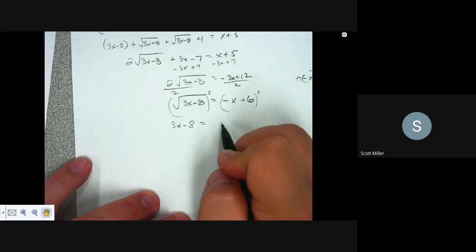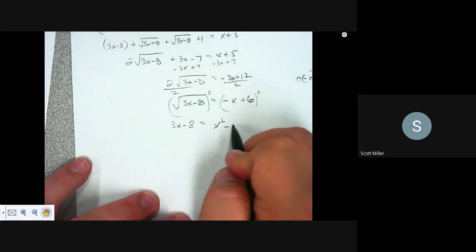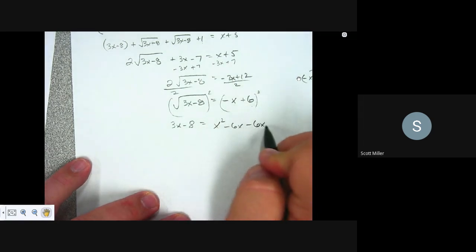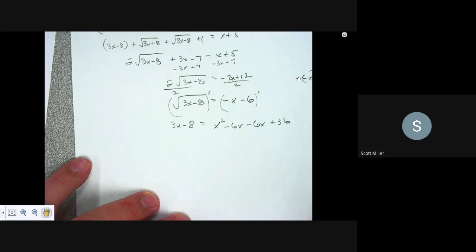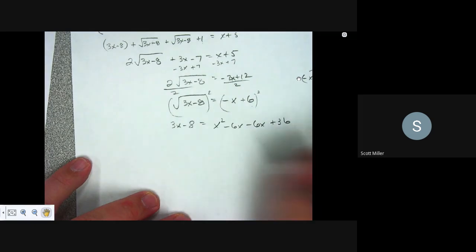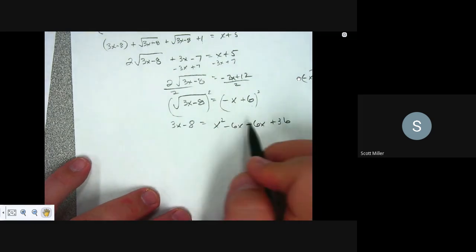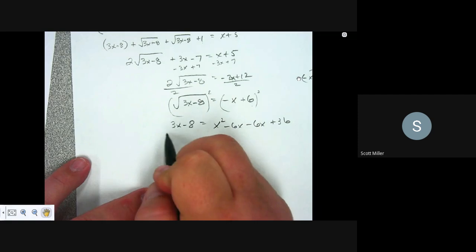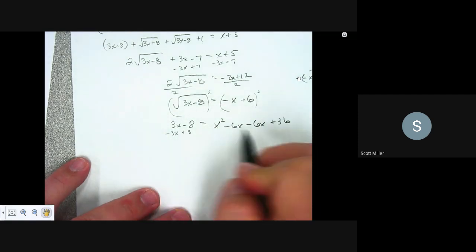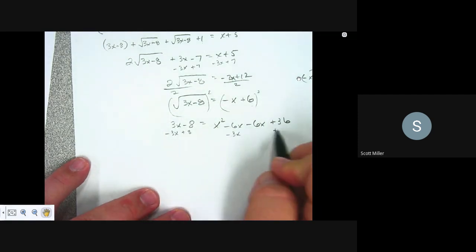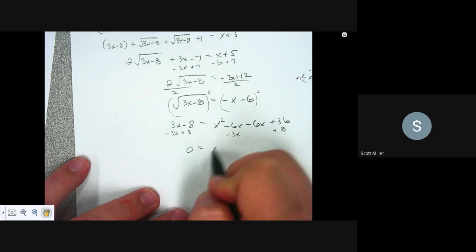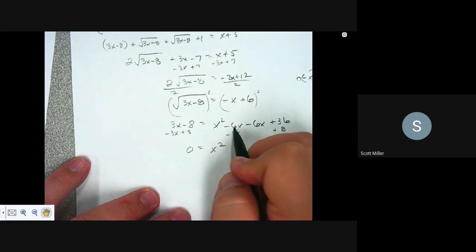Okay, so you'll end up with a positive x squared minus 6x plus 36. And you need to bring everything to one side and start combining like terms. So subtract the 3x and add the 8. Subtract the 3x and add an 8. 0 equals x squared, negative 6, negative 6, negative 3.